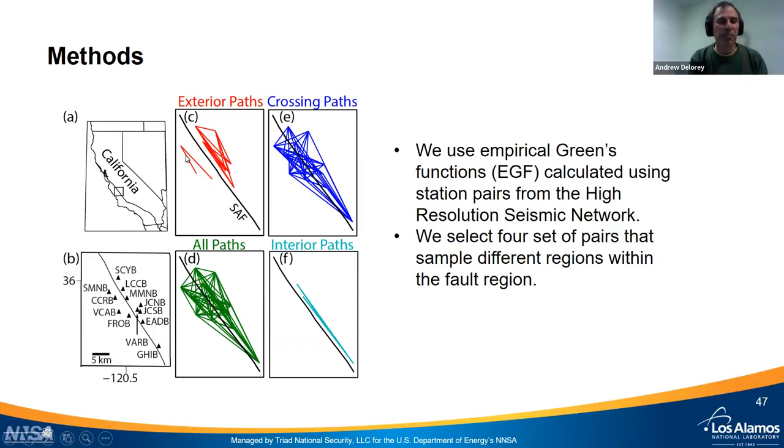So in that order, we're going from sensing primarily material away from the fault, to a little more of an average, moving closer to the fault, and then sensing only near the fault.